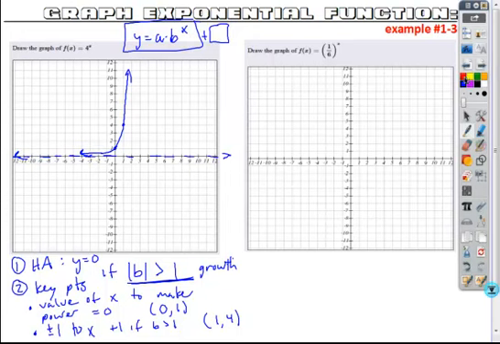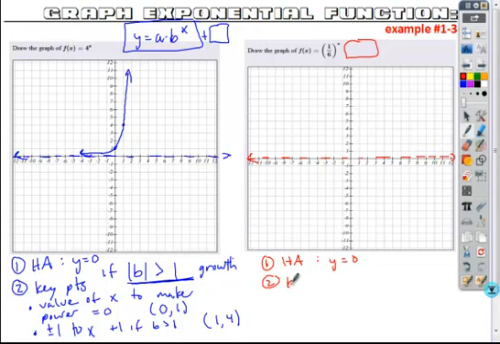Okay? Now, if our base is a number that's less than 1, we're still going to follow these same rules. We need 3 elements to complete our sketch. We first need our horizontal asymptote. So we see what's being shifted outside this function. Nothing. So it's just y equals 0. So that would be the first thing that we put into our graph.